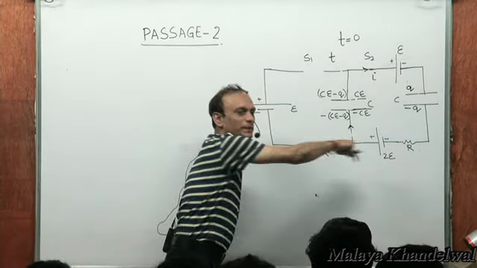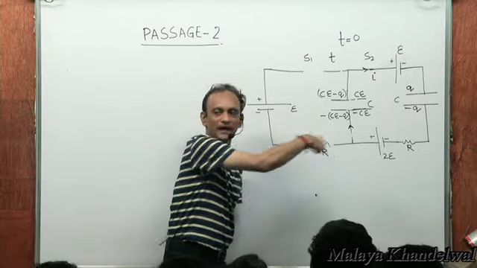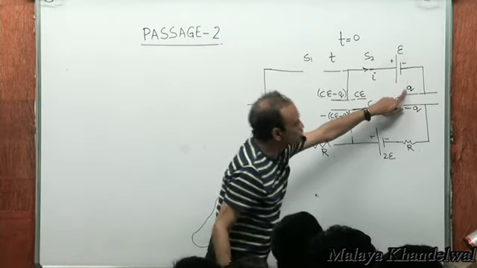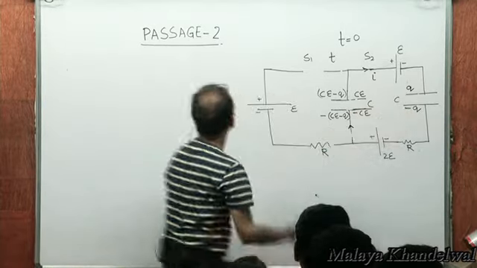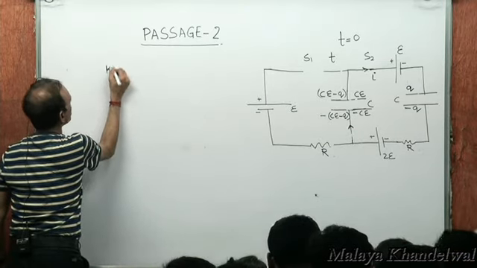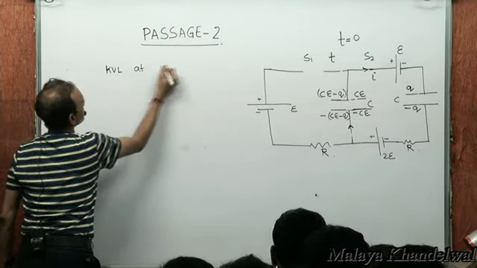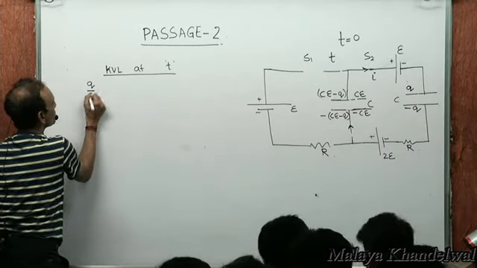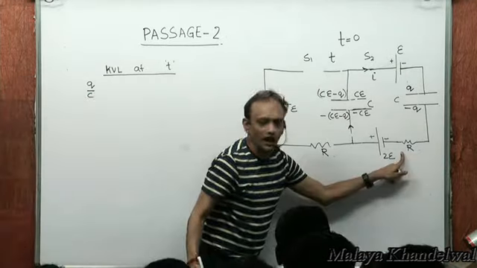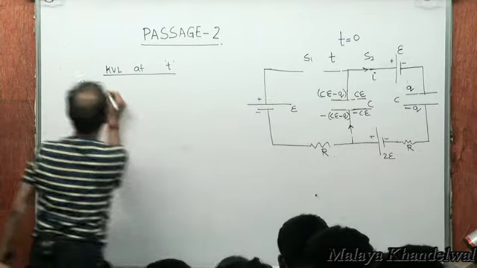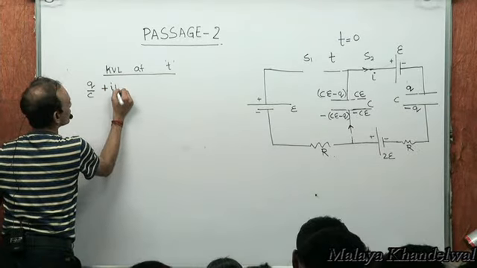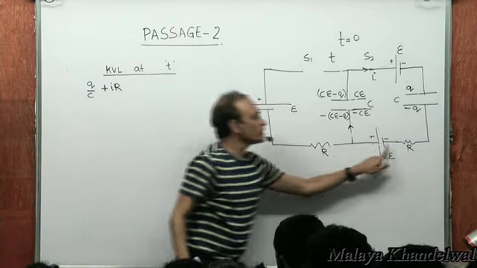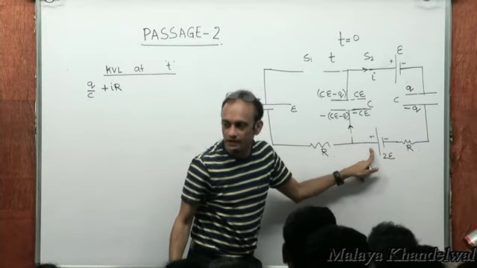So now let me apply KVL to the loop. What's the drop across this? Q by C. KVL at time t. Q by C is the drop across this. IR is the drop across this. There is an increase here, so minus 2 epsilon.